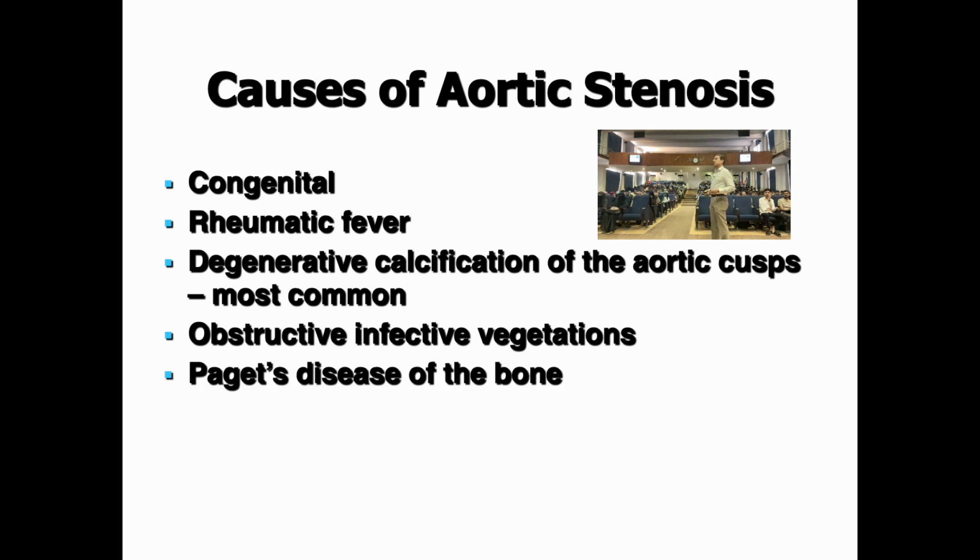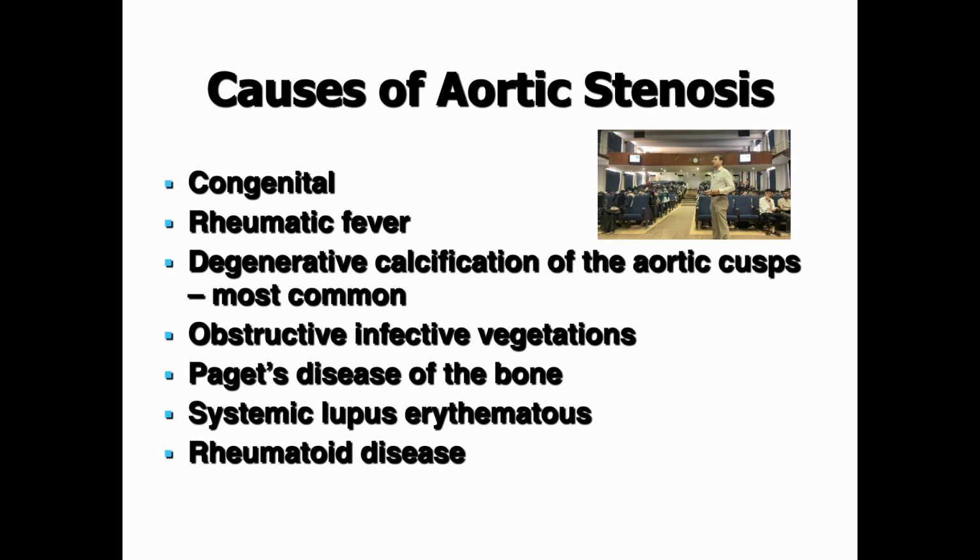Obstructive vegetations, Paget's disease of the bone, SLE and RA. So these are different conditions in which you can see aortic stenosis, but what I see practically, these two are more common. And when you've got rheumatic fever, it's not isolated aortic valve disease.